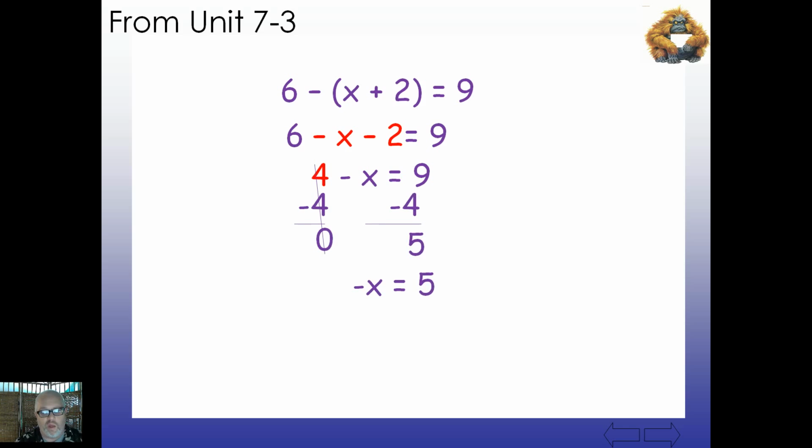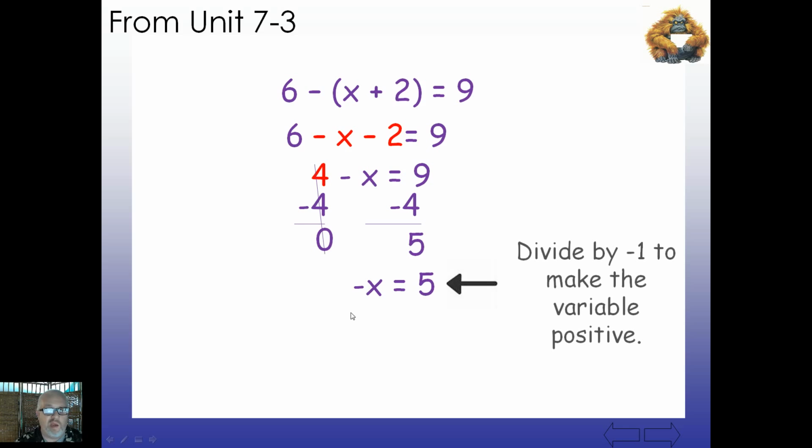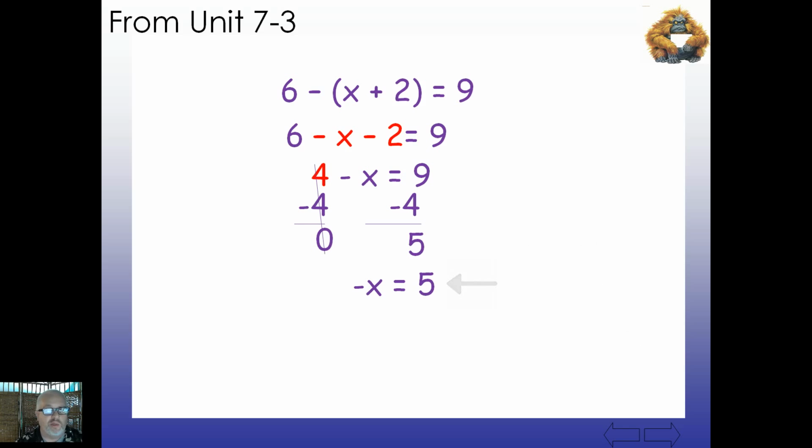Now that's not what we want. We really don't want negative x or the opposite of x. We want positive x or 1x. So how do we get rid of that negative 1 hiding here? Well, we can divide by negative 1 on both sides to make the variable positive, okay? Which of course is going to change our constant to x equals negative 5. Good.